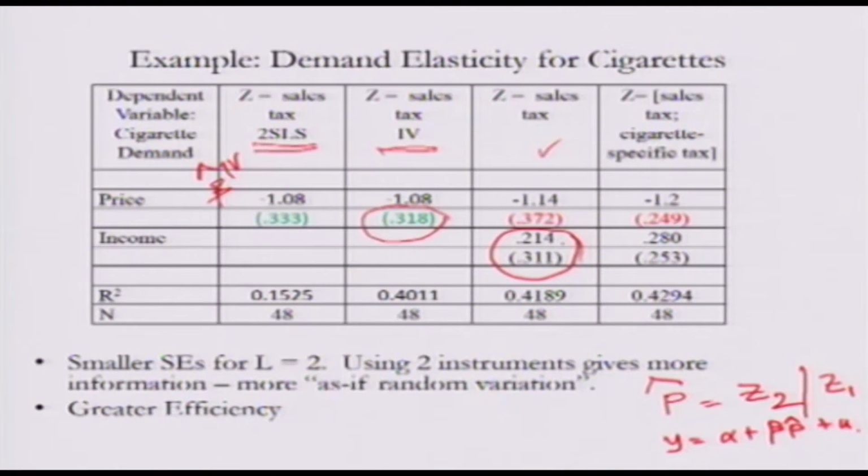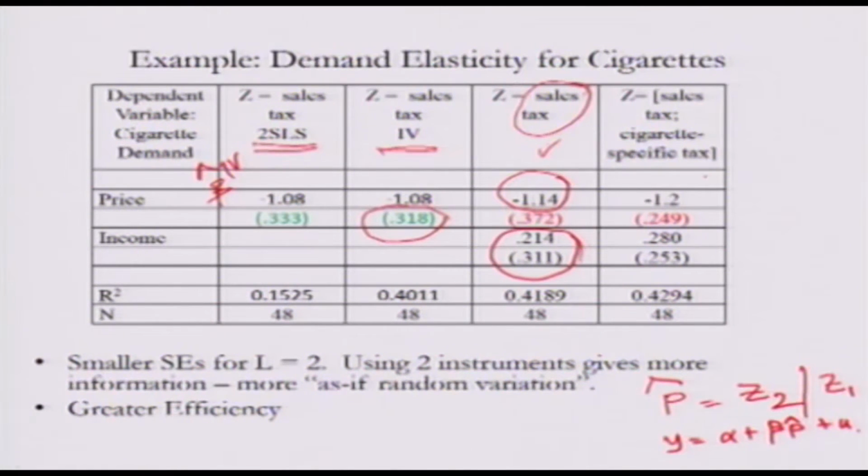So once you include income, you see that the coefficient estimate changes, which is what you would expect, since there was a bias in column 2 and column 1. But once again, all three estimations in columns 1, 2 and 3 are done using only the sales tax as the IV.